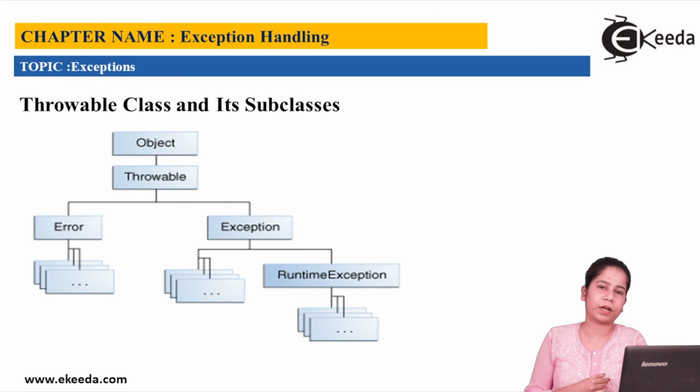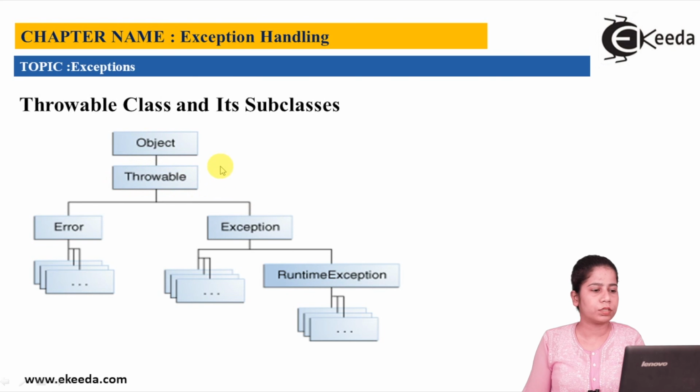So let's see what the classes are. All the classes in Java inherit one class, the Object class. Object has Throwable over it, which is an interface, not a class.